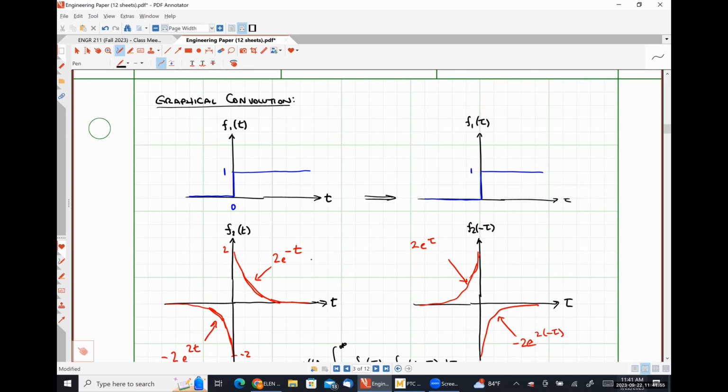So we have f2 of t here. f2 of tau would be the exact same thing, except tau would be on our horizontal axis. Like that's the units that we're moving. Negative tau means we're reversing it in time. So we're flipping it around the vertical axis. And now as we advance or delay, we are adding some t to this.